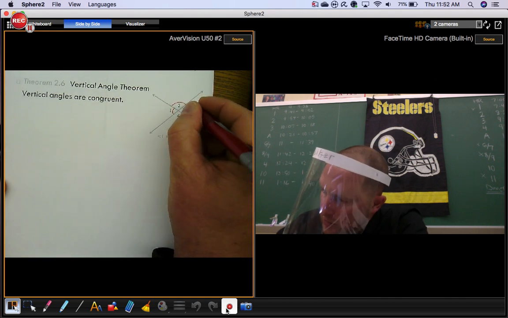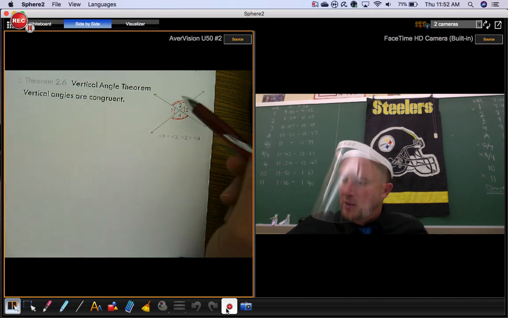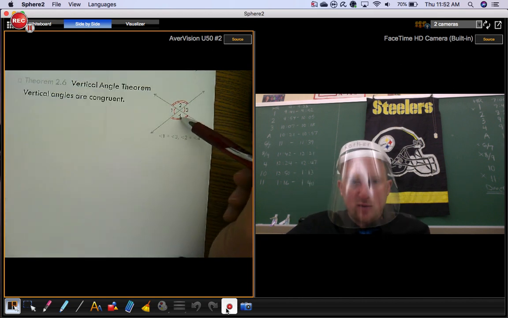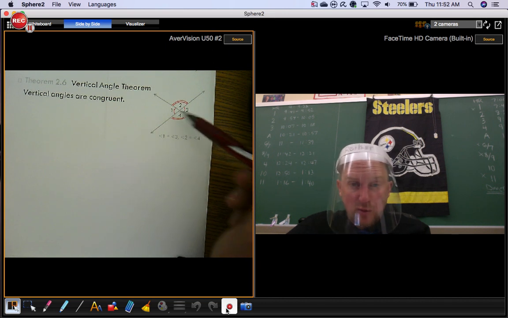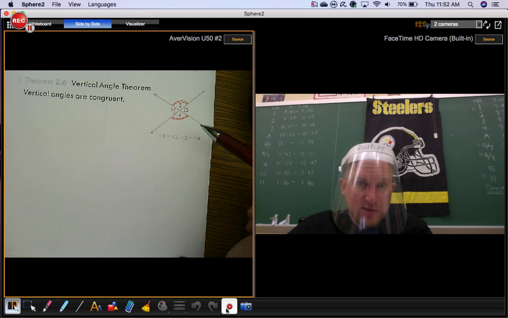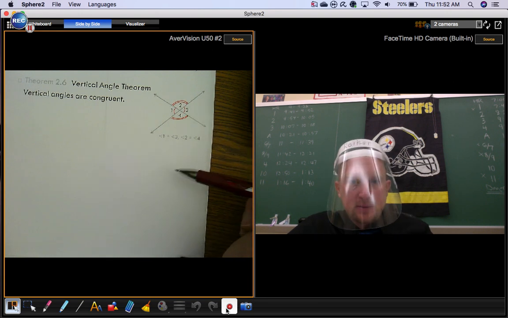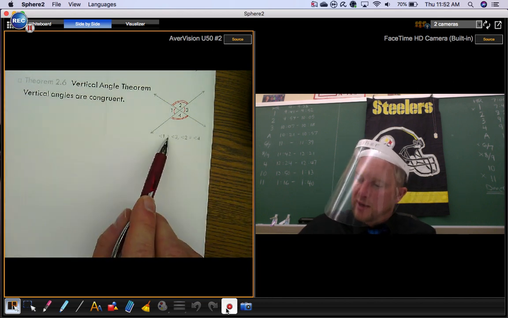Also, angle 2 is congruent to angle 4. Now, notice how I used matching arcs for angle 2 and angle 4, but I used different arcs than I used for 1 and 3. That's because angle 1 and angle 2 aren't necessarily the same. Remember, angle 1 and angle 2 are a linear pair. Okay, so vertical angles are congruent.